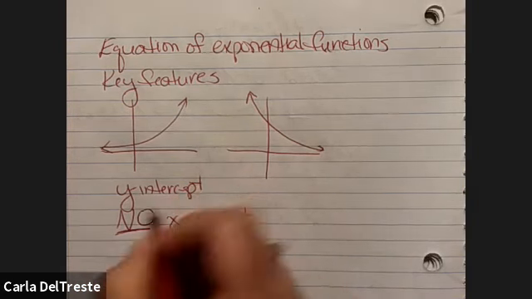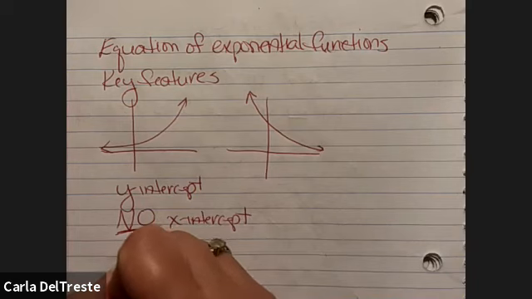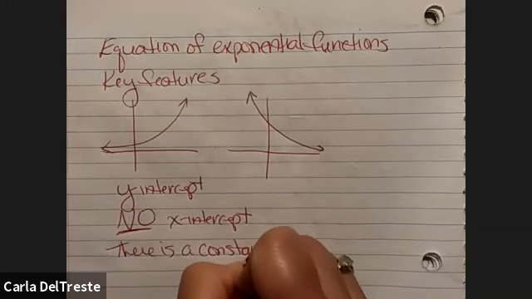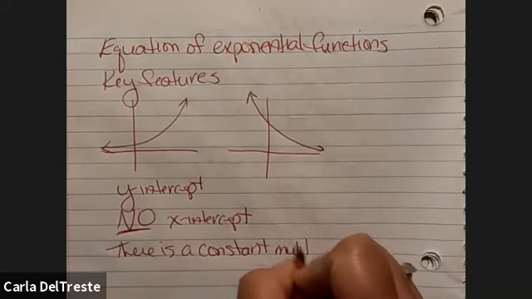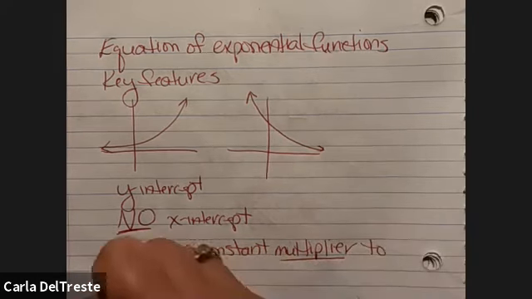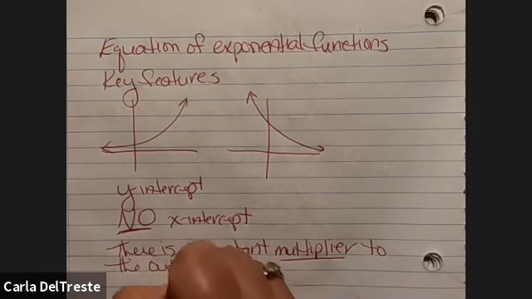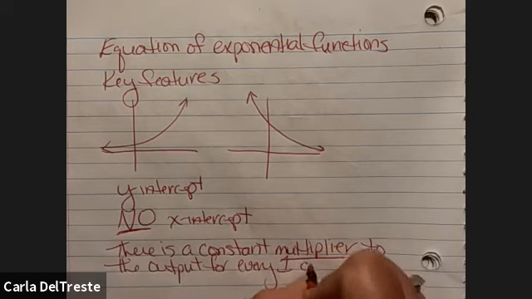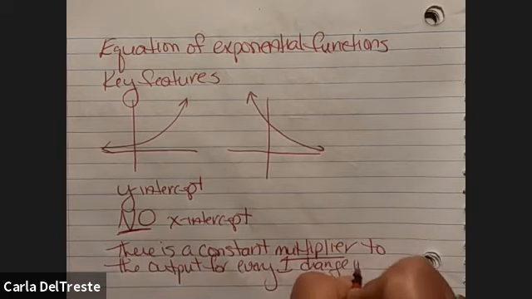We know that there is a constant multiplier to the output for every one change in input.